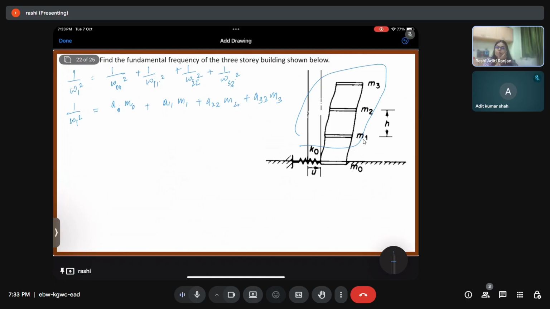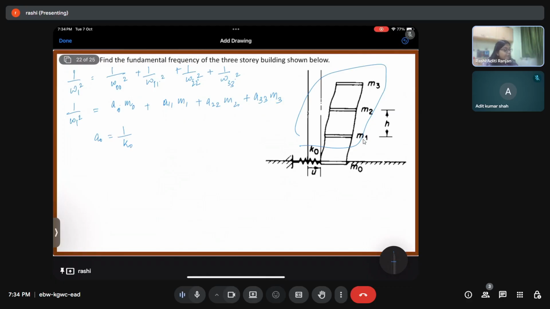For that, if I want to find a naught, the coefficient, it is simply 1 by k naught, 1 by stiffness. So a naught is nothing but 1 by k naught. Okay, it is easy.